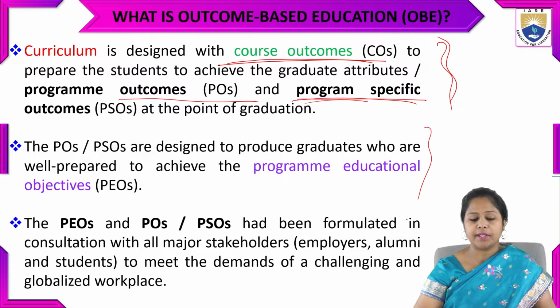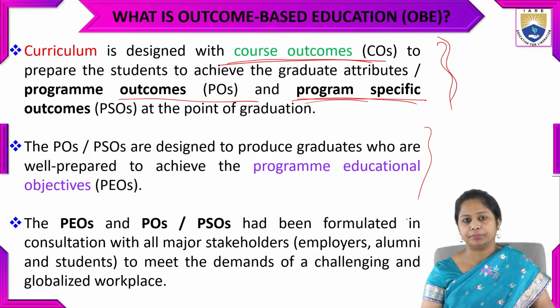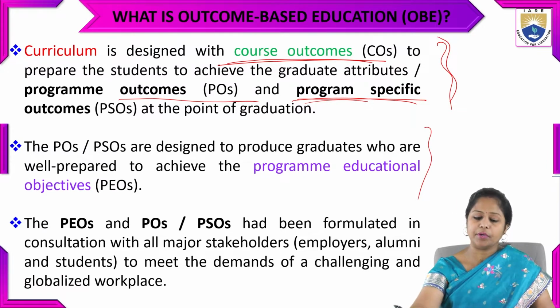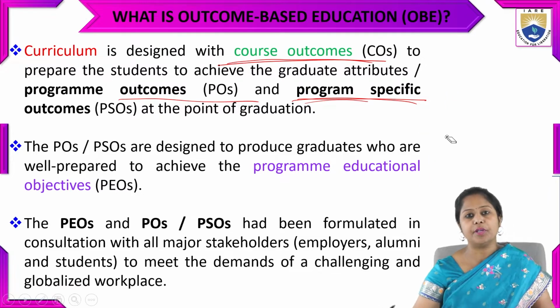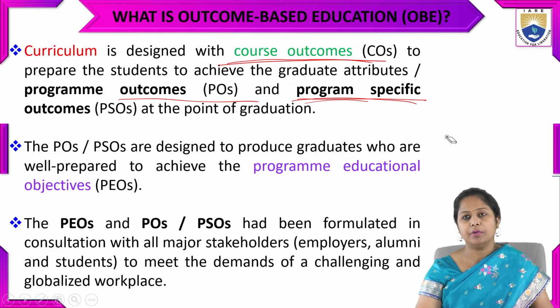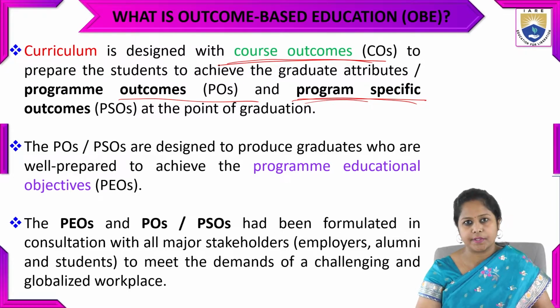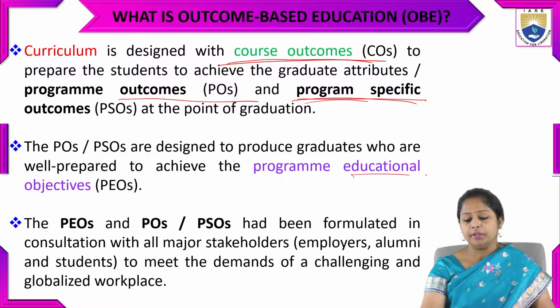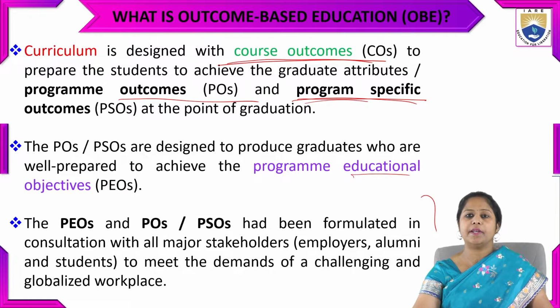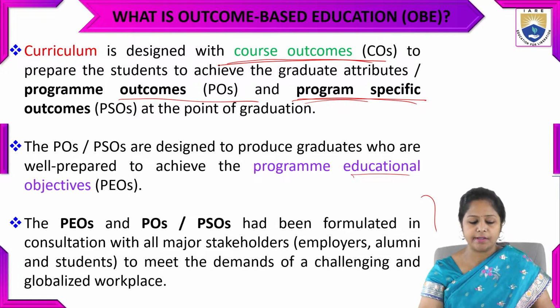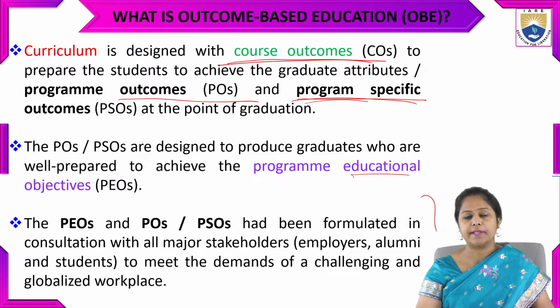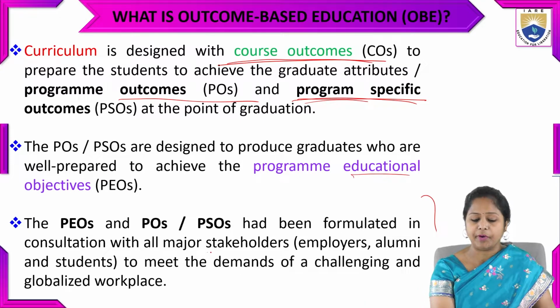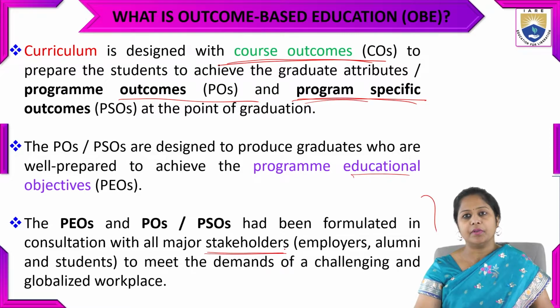So after the completion of their program, we produce graduates who achieve the PEOs, that is program educational objectives. The POs and PSOs have been formulated in consultation with all the major stakeholders. What stakeholders will be there for any program or degree?